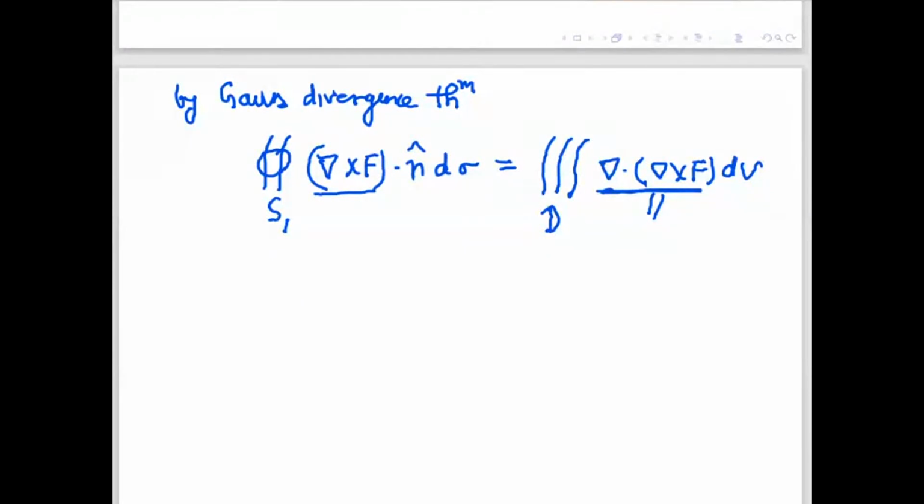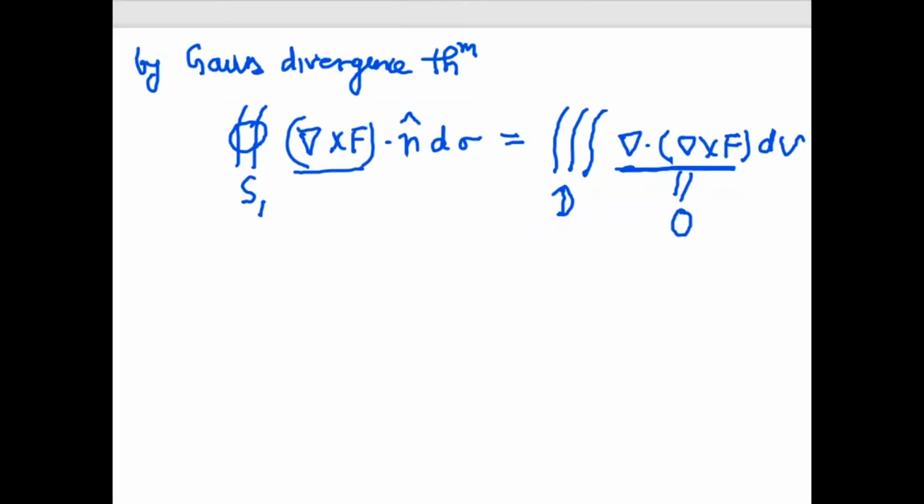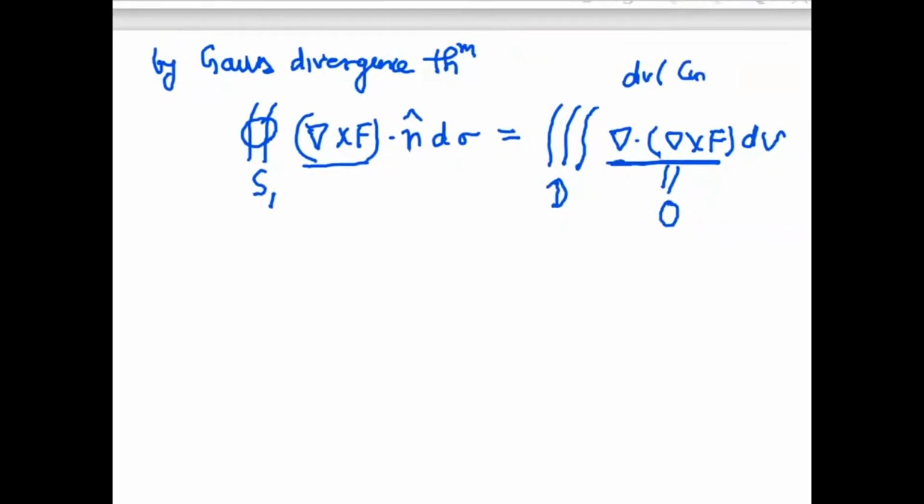It is 0, because I already did this. This means the divergence of curl. The dot means divergence, and the cross means curl. Divergence of curl of f is 0. That I already proved. You can take f as any three-dimensional vector, take the cross product and then apply the dot product, you will get 0 only.